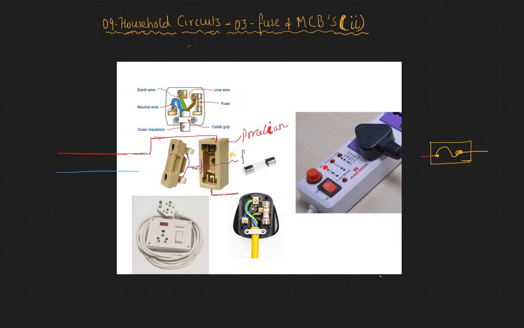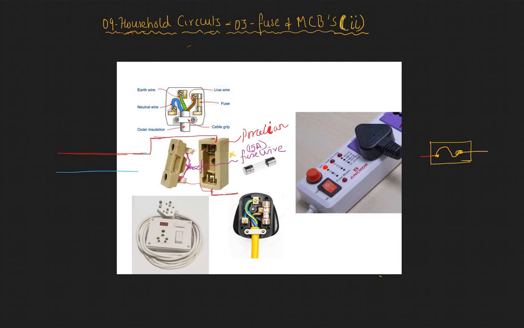Let me write this here, fuse wire. This fuse wire is designed for a particular fuse rating. For example, this could be a 15 ampere fuse wire. What that means is that if current is above 15 amperes, this will break. If current is less than 15 ampere, as you plug in this switch, the current will flow. It will make the connection.